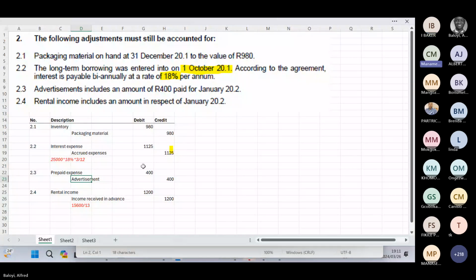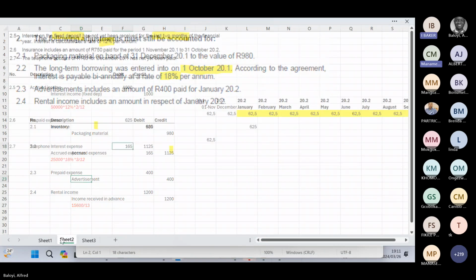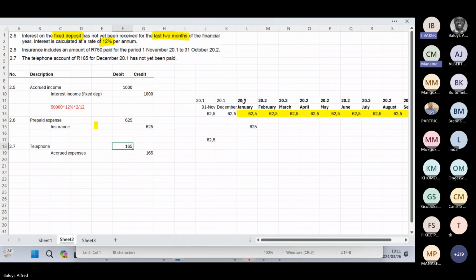And for those who are struggling with the dates, what is within the financial year and what is not, try to use a number line like we used to do in high school. Have your number line with the first month, second month, and a big line for your year end, so that you can see which months were prepaid in that financial year.